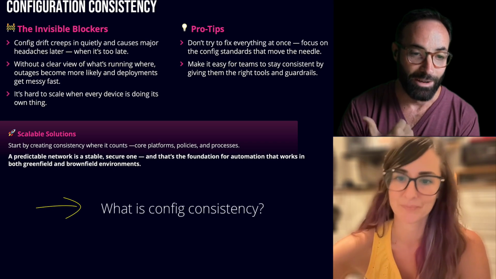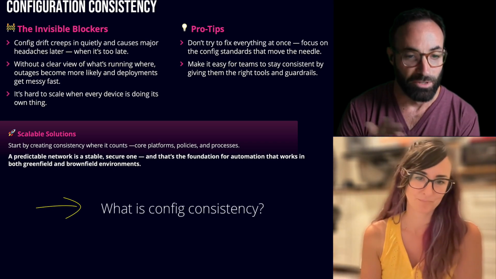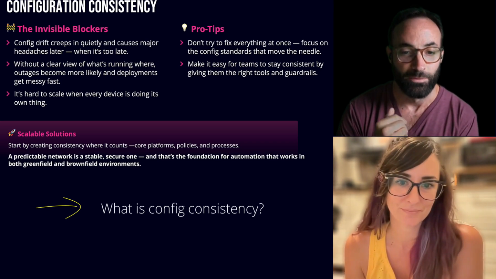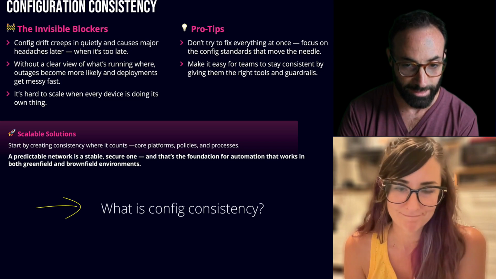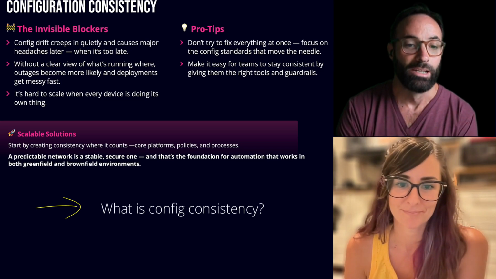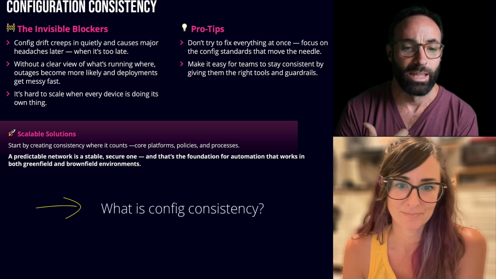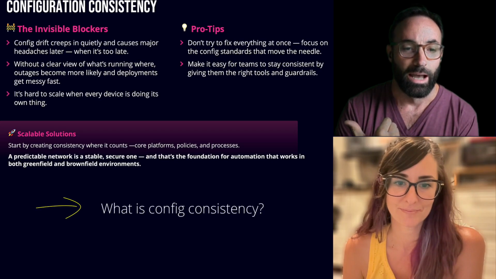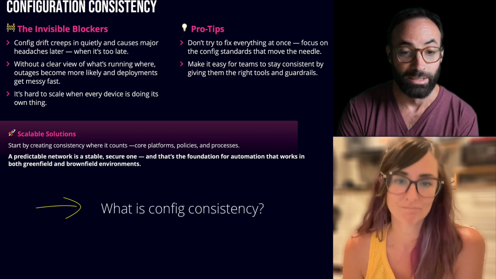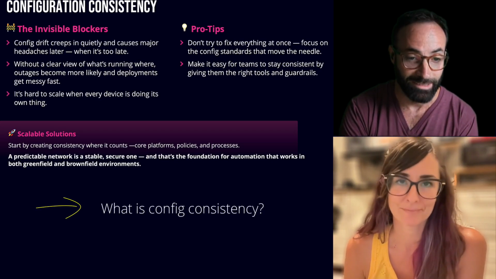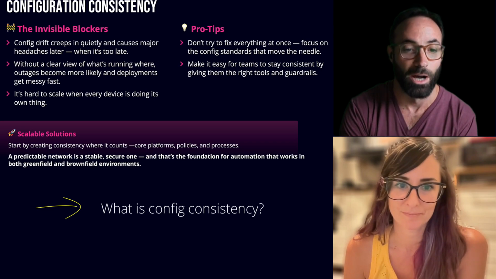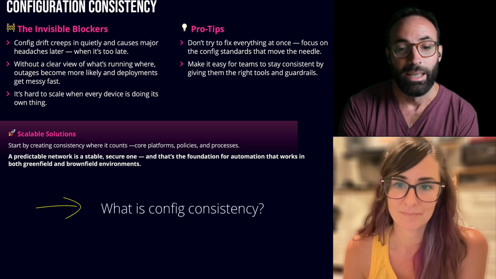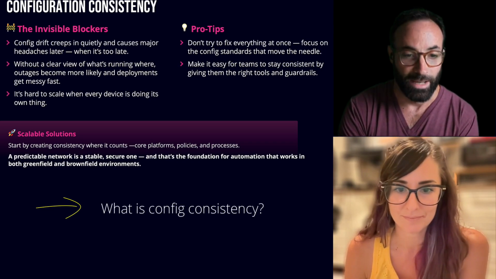And these ad hoc, or I call them emergency changes, they can lead to configuration inconsistencies, obviously, or config drift. This is where device settings diverge from the intended baseline or standardized policies that you may have defined. And it's cause and effect here.